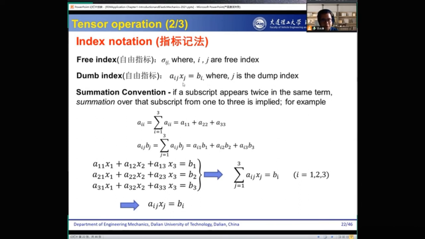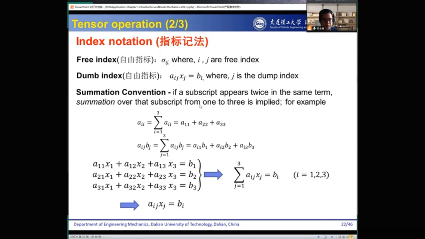Why is j the dummy index? Because a_ij times x_j is one term and b_i is another term, so we have two terms here. In the first term, the index j appeared twice, and that's why it is the dummy index. If an index appears twice in a term, then it's the dummy index.